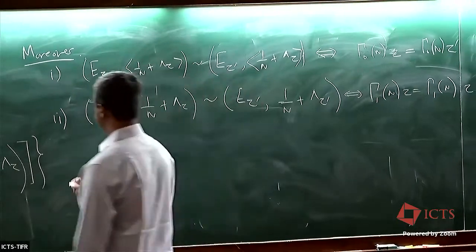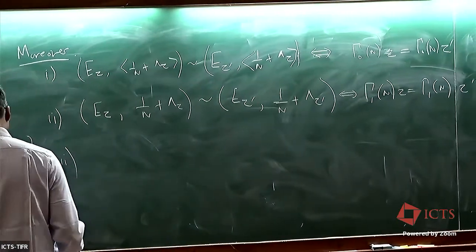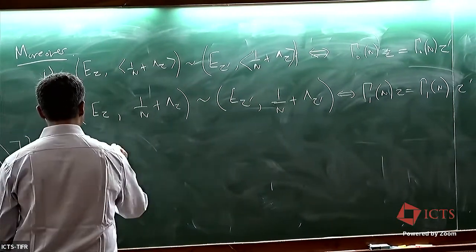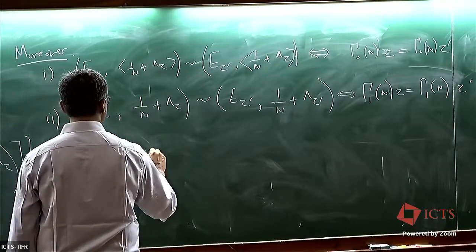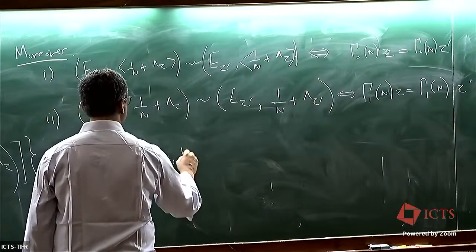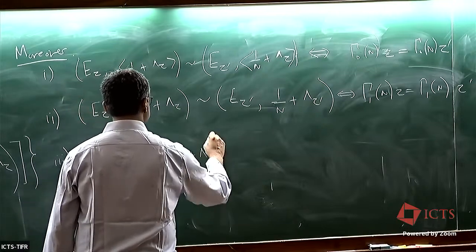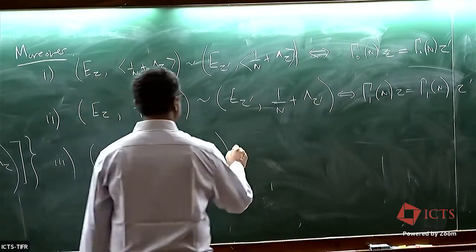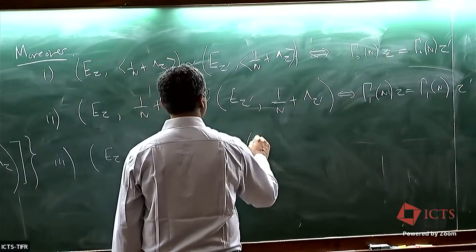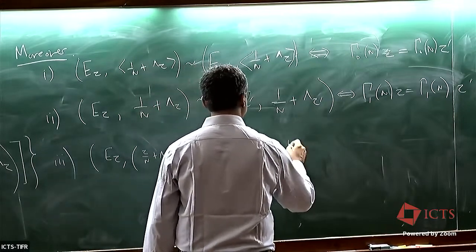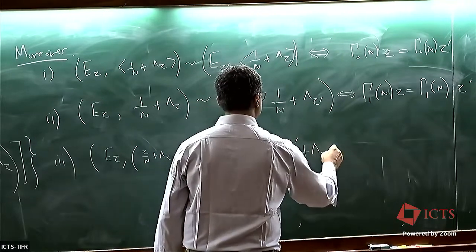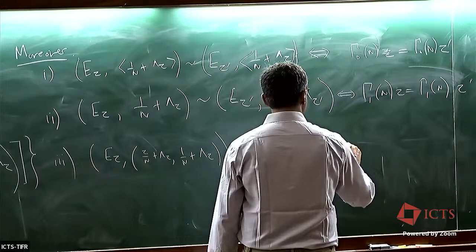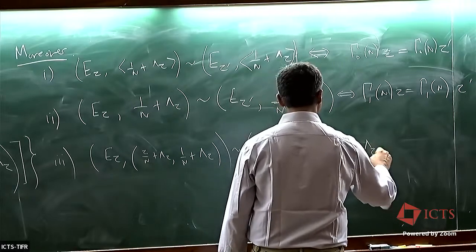Finally, the third. E tau, now we have a pair, tau over n plus lambda tau, 1 over n plus lambda tau, is equivalent to E tau prime, tau prime over n plus lambda tau prime, 1 over n plus lambda tau prime.